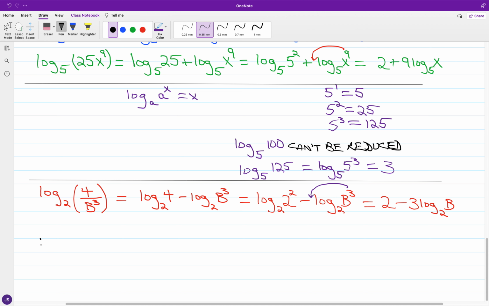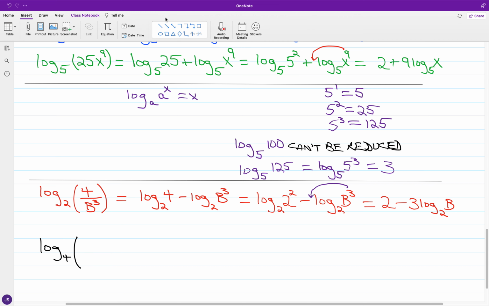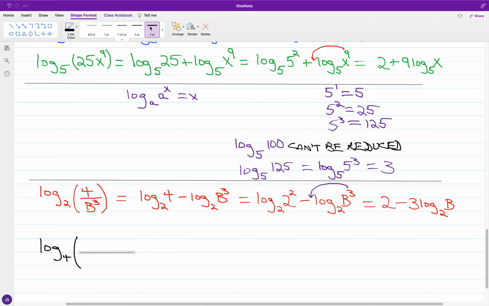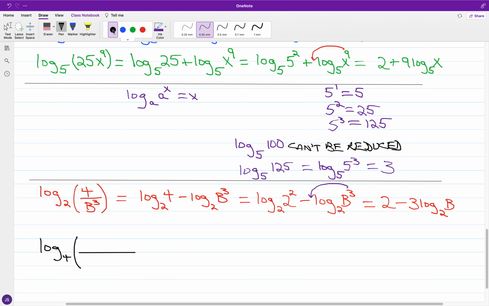Let's say I have a base 4 logarithm of the factors: 15 a to the third, b to the second, all over 64 times d to the fifth.